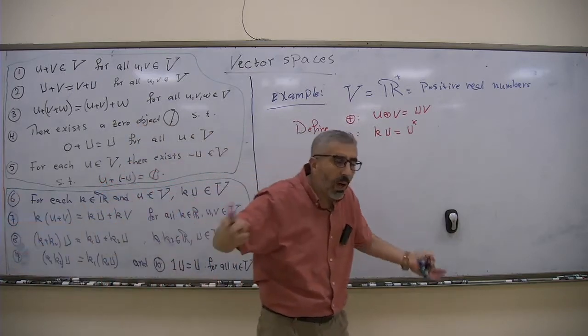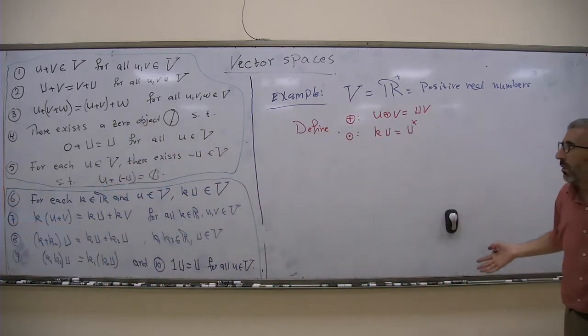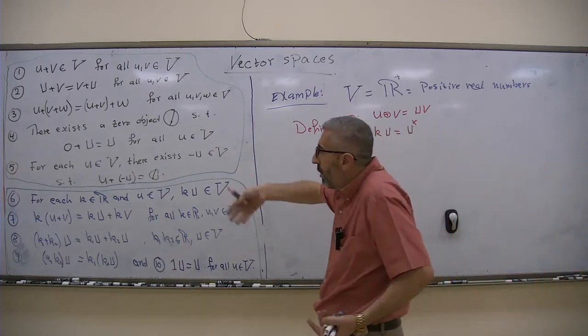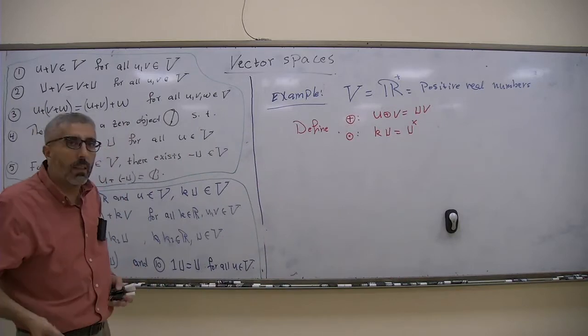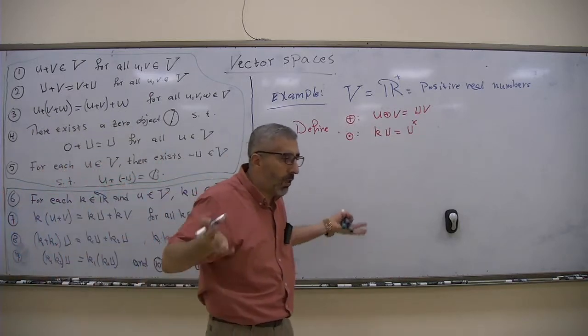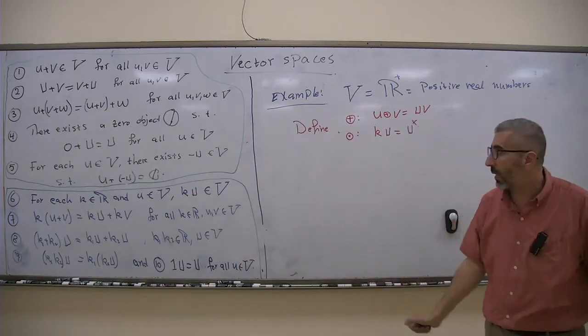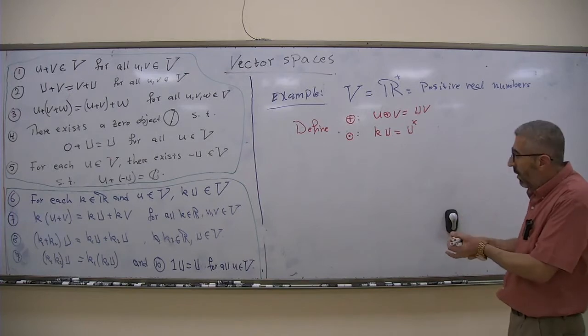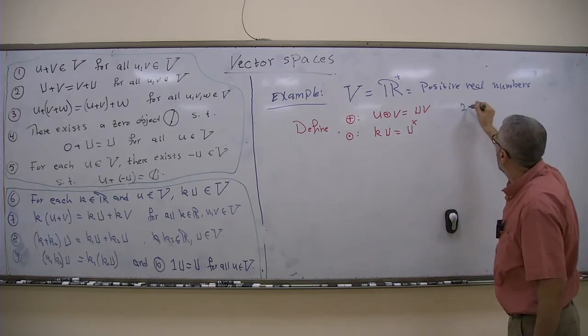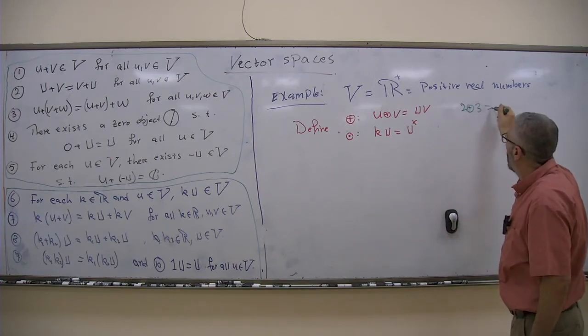We want to define the two operations in this way. Why? Just for the fun of it. You know, we want to get you out of the trivial, out of the simple, and let you get out of the box and think about something that is more sophisticated. So if I ask you what is 2 plus 3?